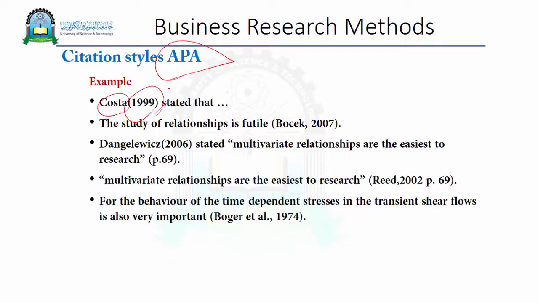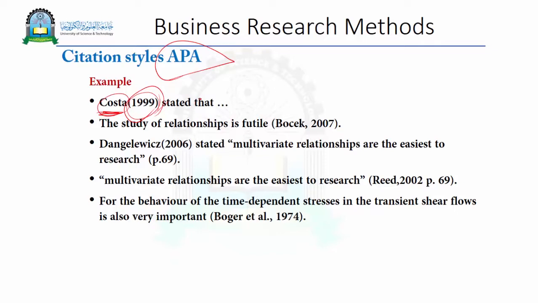To do so, when you mention the author of that idea or that research at the beginning of any paragraph or the beginning of writing, you need to mention the family name of the researcher, and then between brackets you write the date. Then you can paraphrase the idea. You can say stated that, and so on.